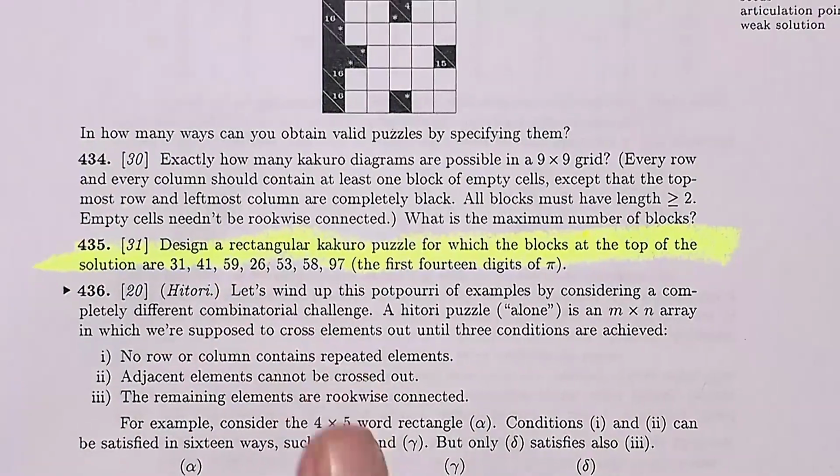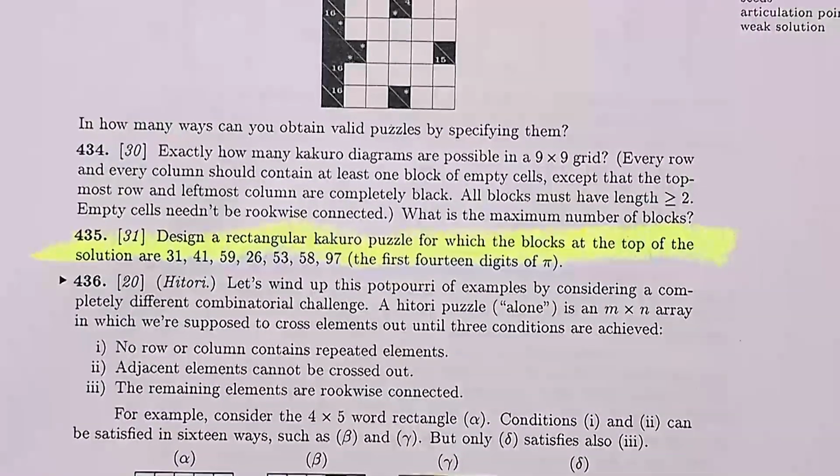Kakuro is like a crossword puzzle, but instead of using letters, you use numbers, and then it tells you the sum of the numbers. But the rule is that the words in the solution have to contain distinct digits.